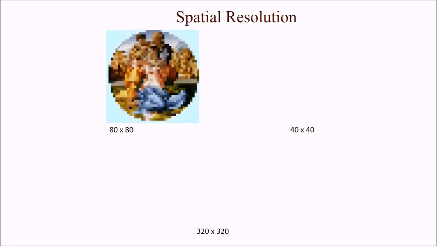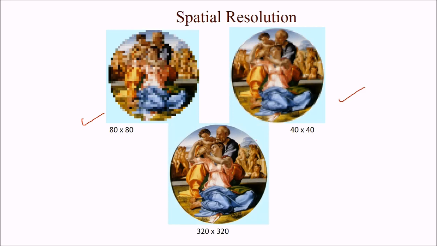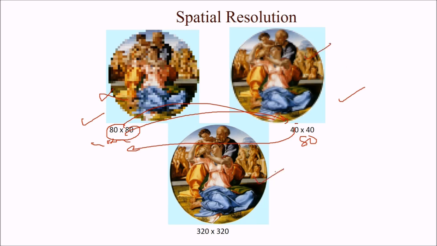For spatial resolution, this is a 40 by 40 image, and this is 80 by 80. Now 40 by 40 does not have that much information. It is not even pleasing to the eyes, and 80 by 80 is showing something, but 320 by 320 is the actual view that our eyes see.